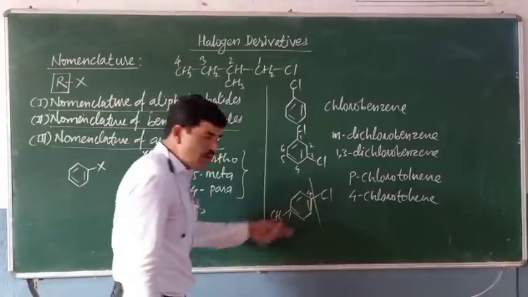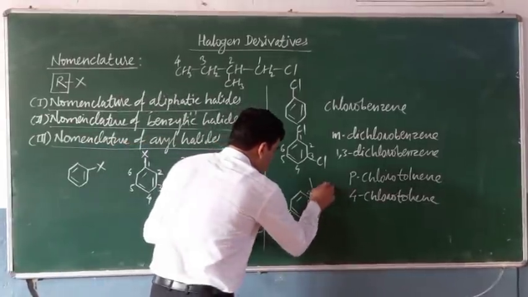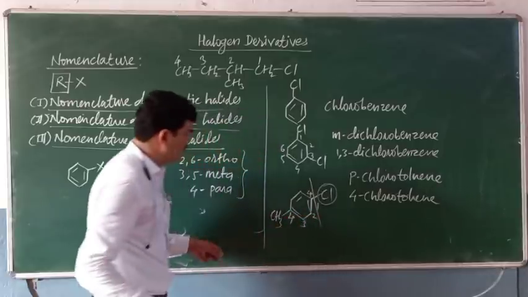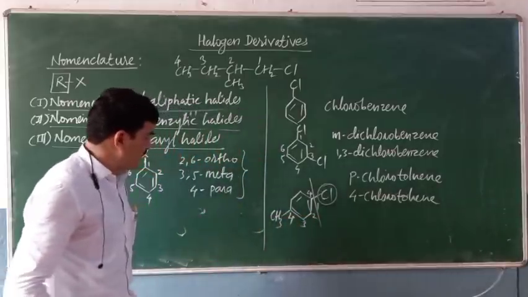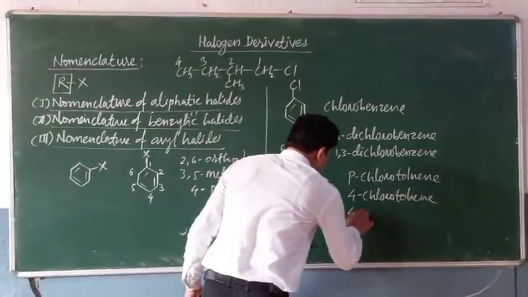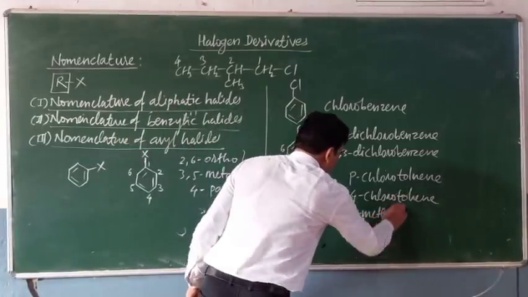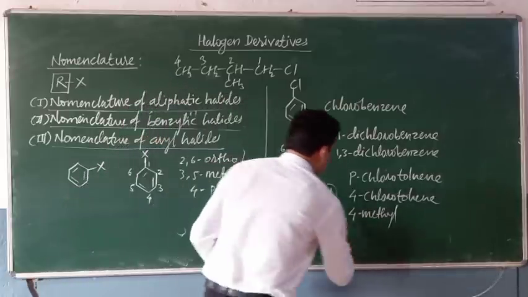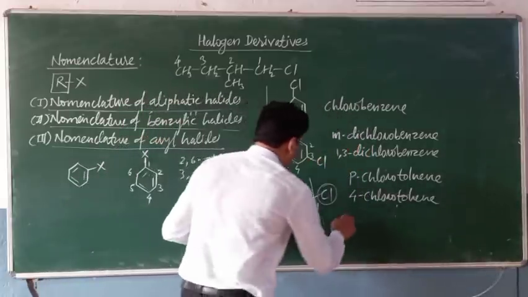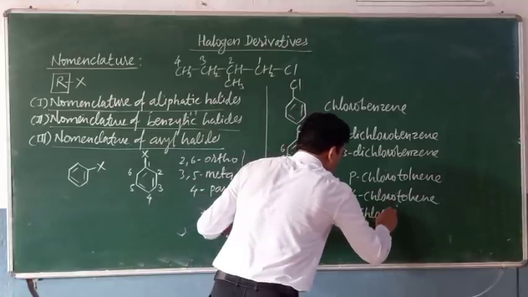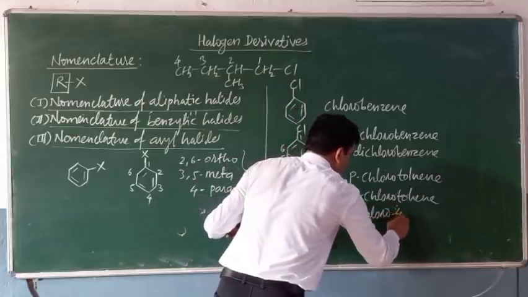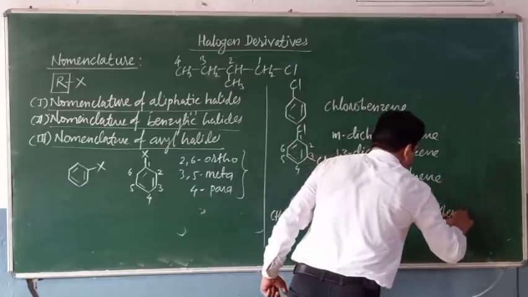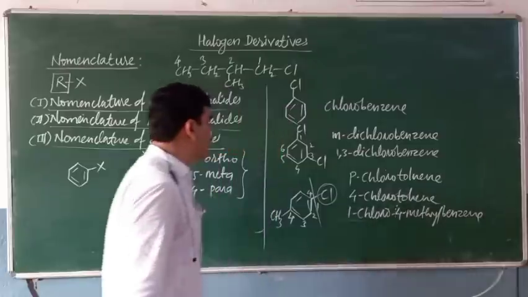Another method of giving the IUPAC name. This is the functional group, therefore it should be numbered as 1, 2, 3, 4. And at the fourth position there is the methyl group, therefore write the IUPAC name in this way: 1-chloro, 4-methyl, and the name of the ring is benzene. 1-chloro-4-methylbenzene.